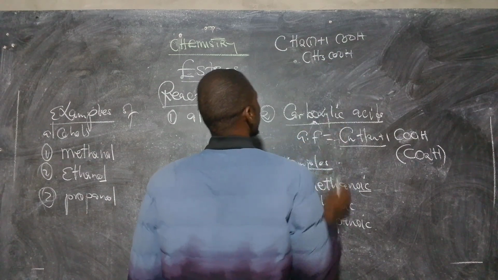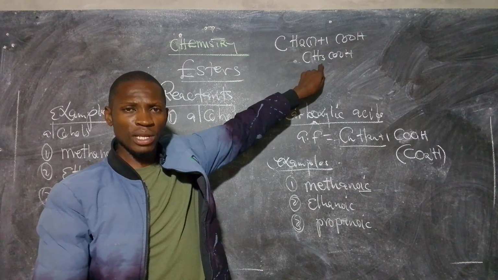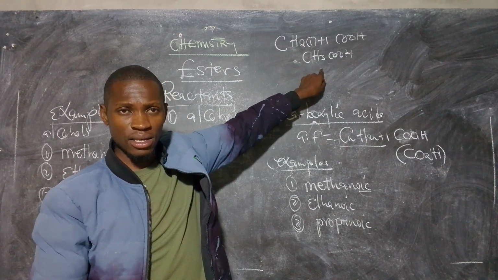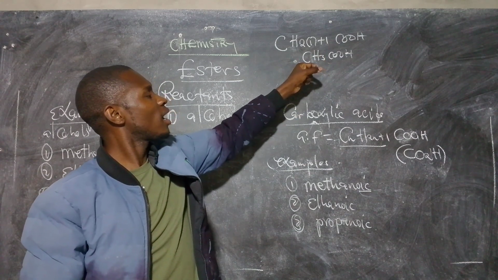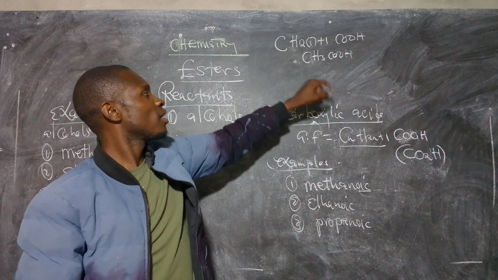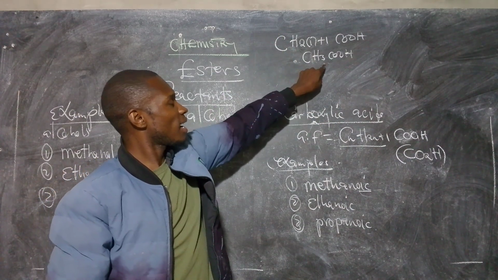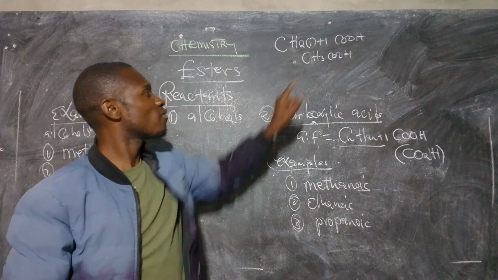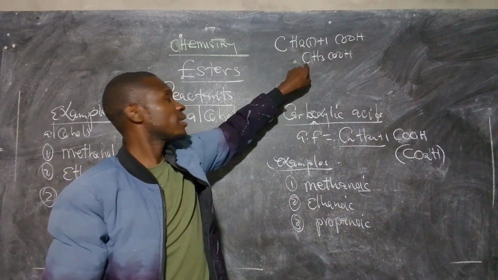Now, if you write this as the molecular formula for methanoic acid, your answer is wrong. So why is our answer wrong? For methanoic acid, since it is number 1, it needs to have 1 carbon, but here you have 2 carbons, here and here.